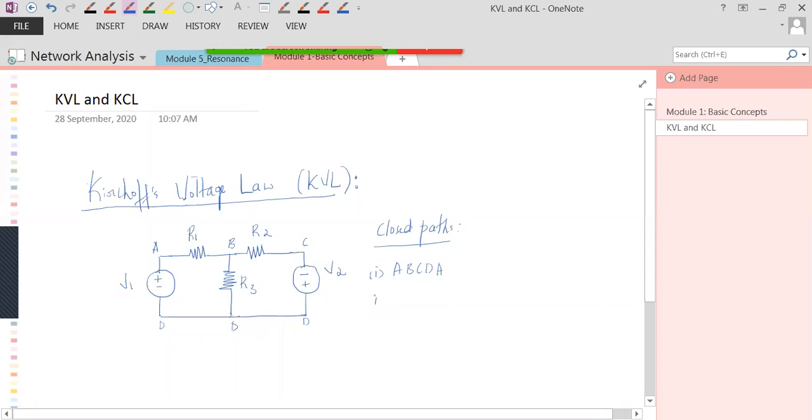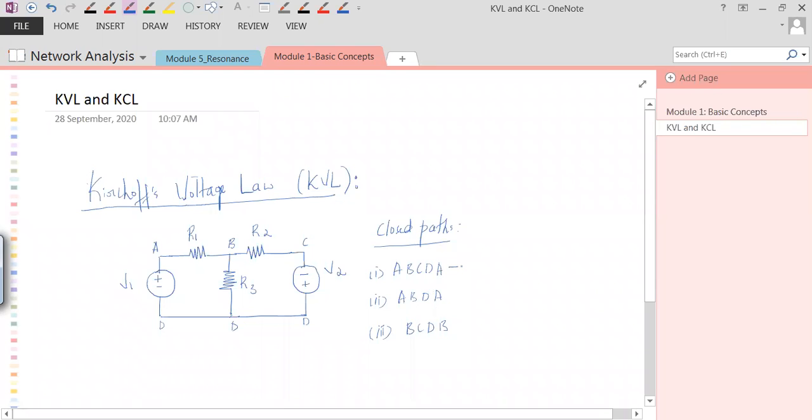Which is the second closed path? See here, the second closed path is A, B, D, A. Fine. There is another closed path, that is B, C, D, B. Now, there is a difference between the first closed path and the next two closed paths.